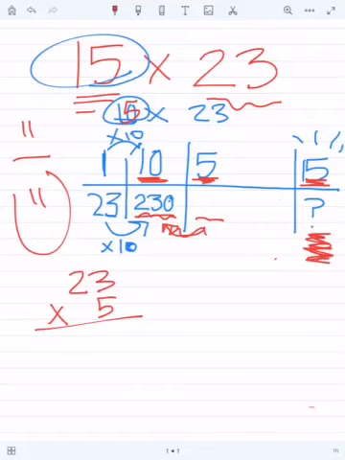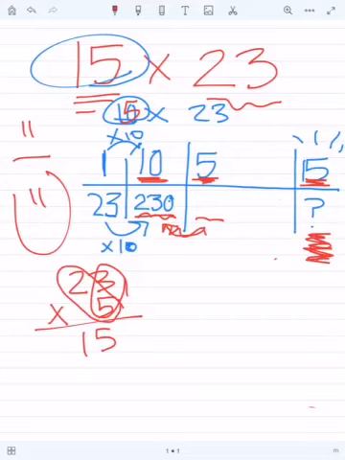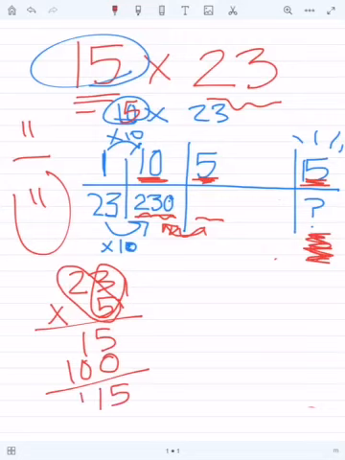And you guys have done this earlier in the year. So I could do 5 times 3. That'll give me 15. And then I would have to do 5 times 20, which is 100. Add those together, and I'm at 115. So now I'm getting close.